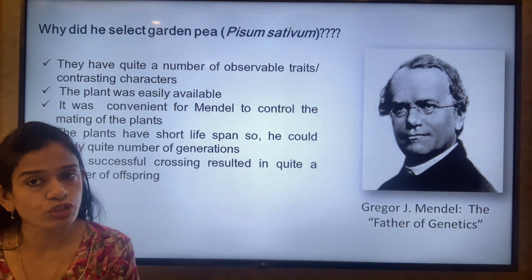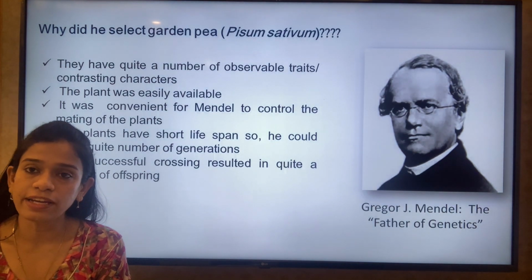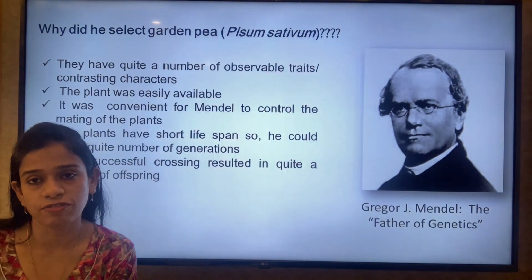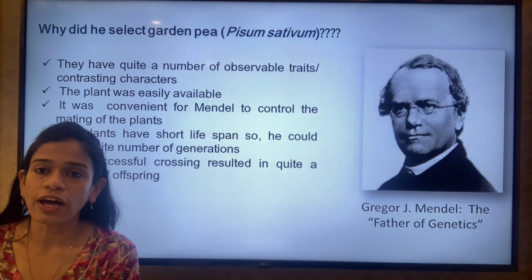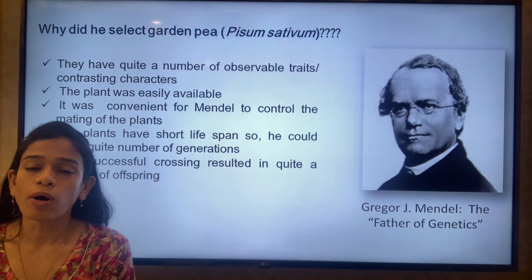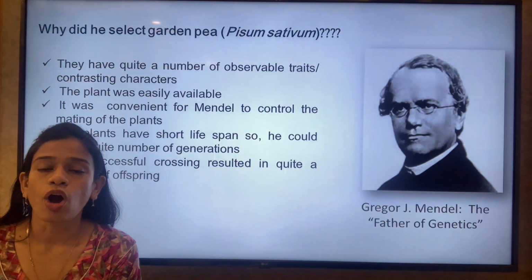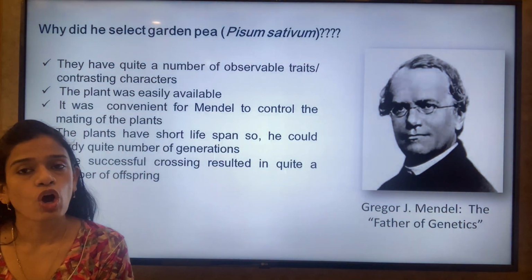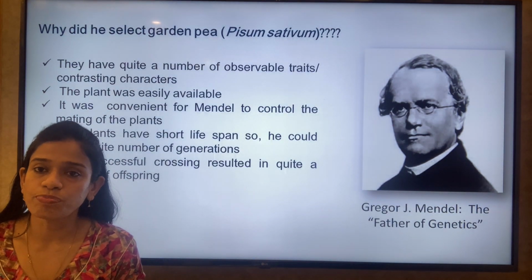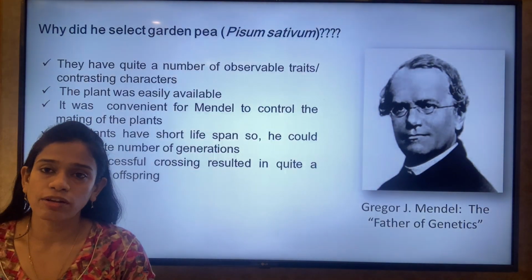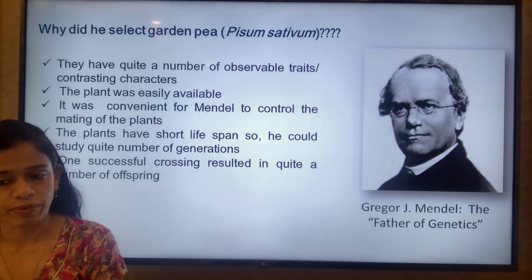So what did he actually do, or what were his findings, or why is he known as the father of genetics? Because he was the one who told about this trait of the tall and the dwarf, or about this inheritance from the parents to the offspring.